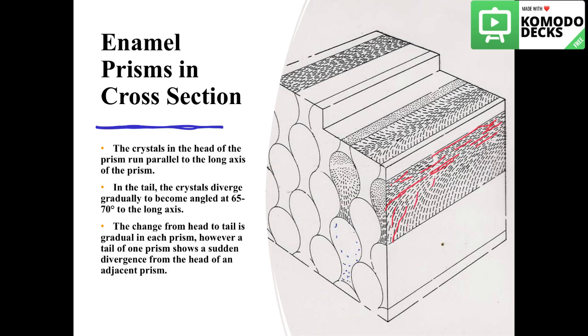The crystals in the tail also deviate. These deviations at the boundaries give us this darker color of the pattern that makes us able to recognize the pattern. It's parallel to the long axis in the middle, in the head, and deviates, as I have said, at the boundaries.